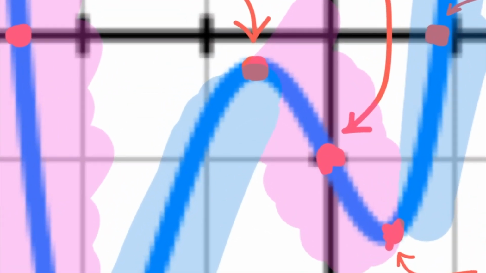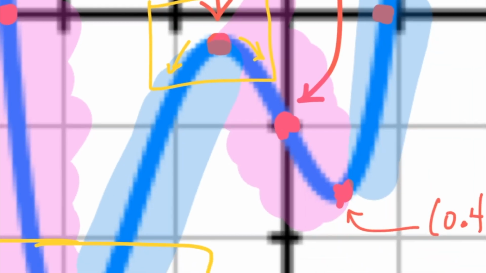And this is a relative maximum because there are points to either side that are below it. And this is a relative minimum because there are points to either side of it that are higher than it.